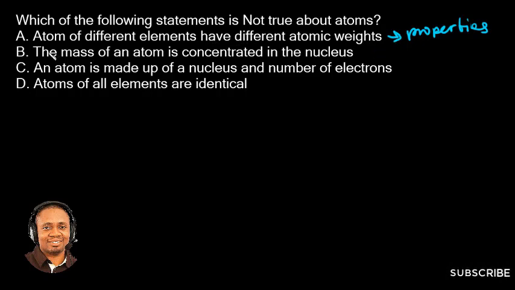The next option, the mass of an atom is concentrated in the nucleus. This also is correct because the mass of an electron is very small compared to a proton or neutron.